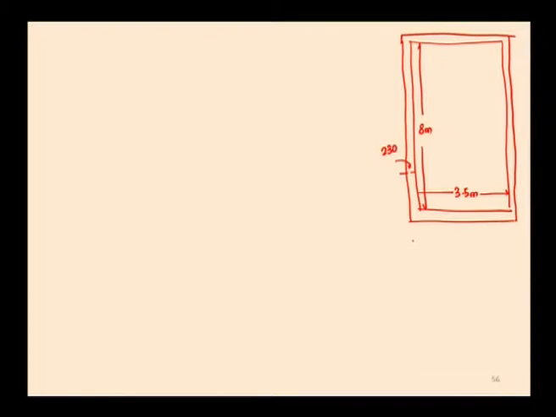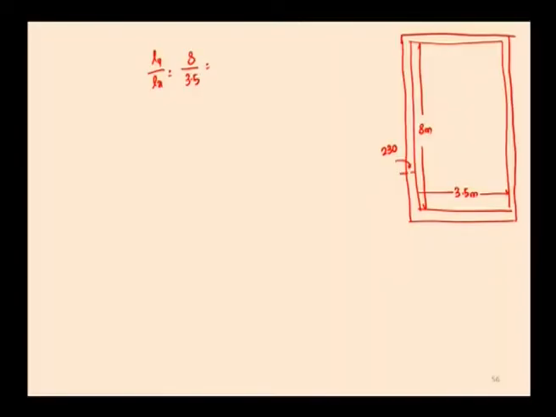First, we need to identify whether this slab is a one-way slab or a two-way slab. That is, Ly by Lx is equal to 8 by 3.5 meter, which is equal to 2.21, which is greater than 2.